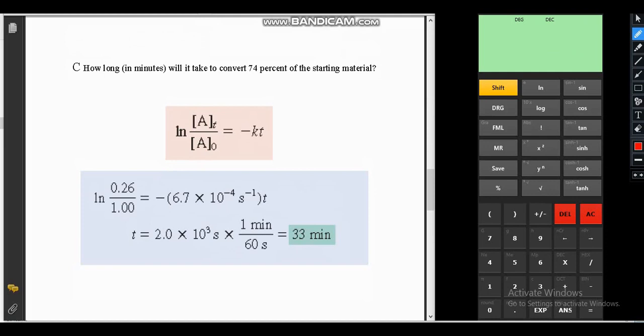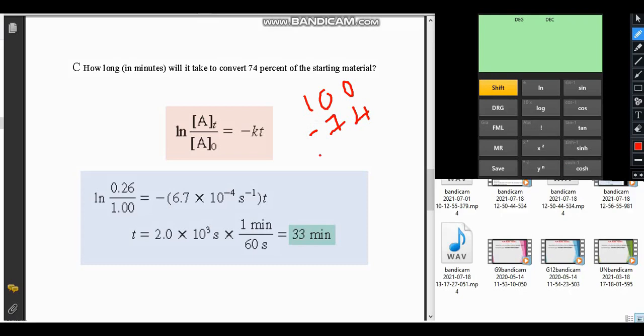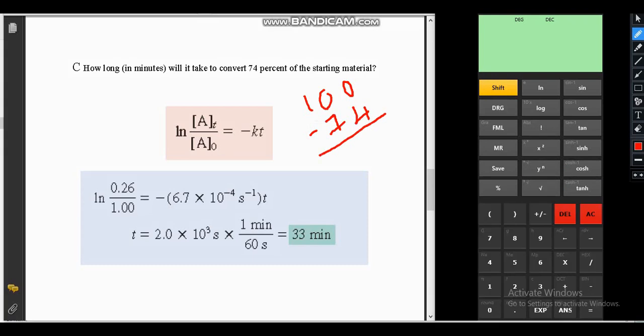Now, here we need to do some analysis. If 74% of the starting material has been used, then we are simply saying the starting material was 100%. So if you get the difference, you will find that 26% of the starting material has remained.